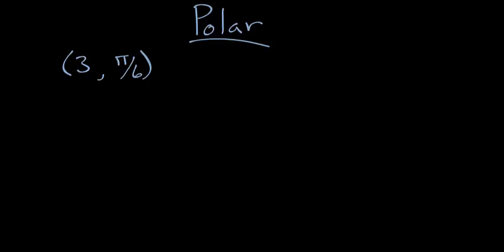Now, what that tells us is that we start here. It's just like in trig when we had a circle. And we think of a line here, and then we think of a rotation, like we rotate pi over 6 radians. So it's just like in trig, where we have pi over 6 here.